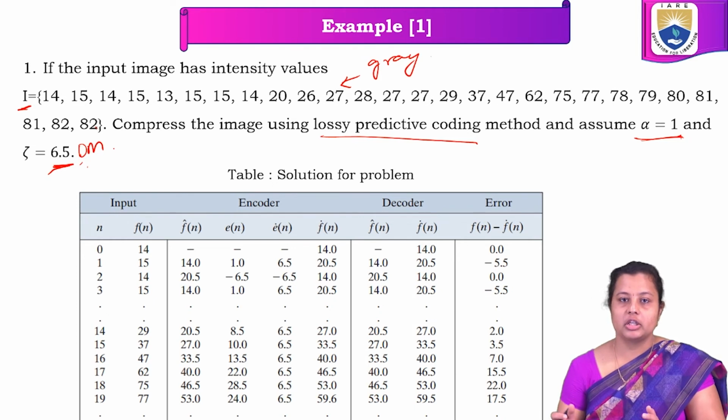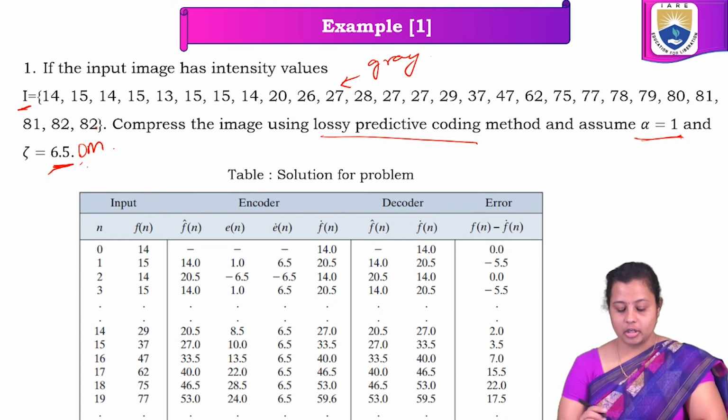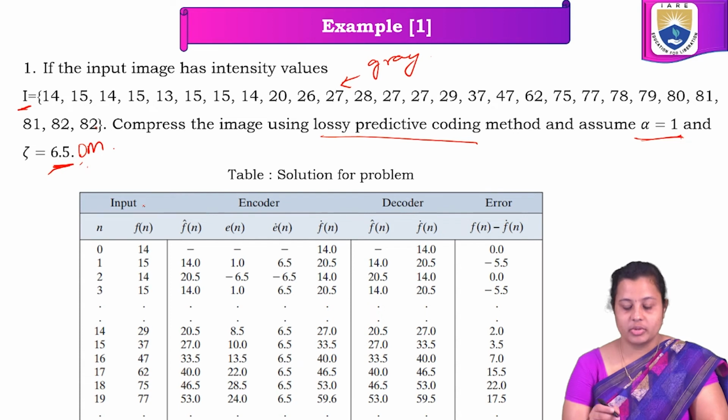We are solving it in tabular form. What is the input sequence? These are the sequence numbers 0, 1, 2, 3, and so on, for however many intensity values we have. What is this f of n? The intensity values, which are 14, 15, 14, 15, 13, and so on till 82.